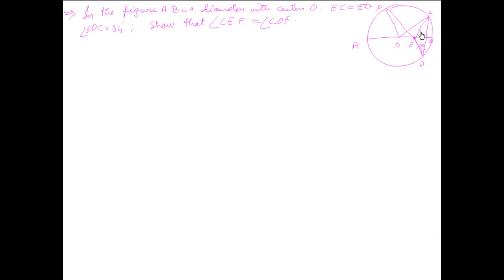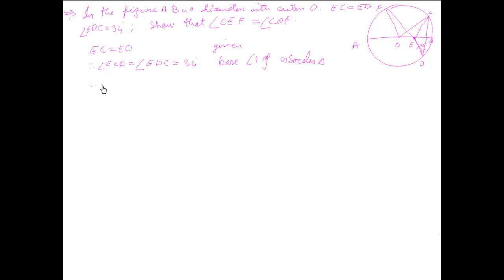Now children, we've been given that ED equal to EC. First we begin by writing that down. So that's EC equals ED, given. Therefore angle ECD equals angle EDC equal to 34 degrees, base angles of an isosceles triangle.